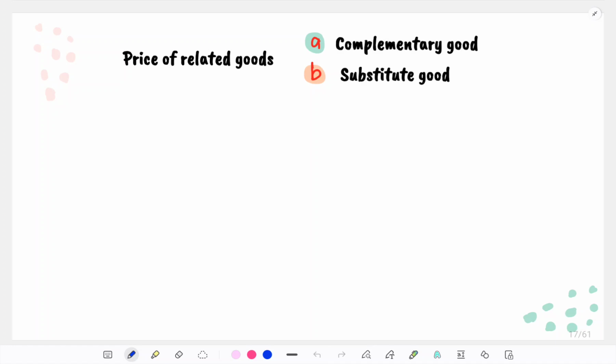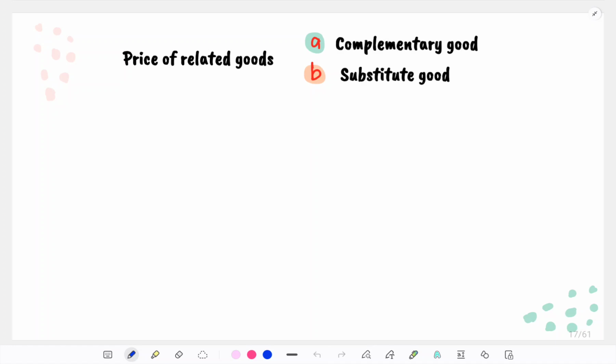Between pen and ink, if you want to write notes using your pen, there must be ink in your pen. So, they are complementary goods. Between toothbrush and toothpaste, they must be used together when you want to clean your teeth.